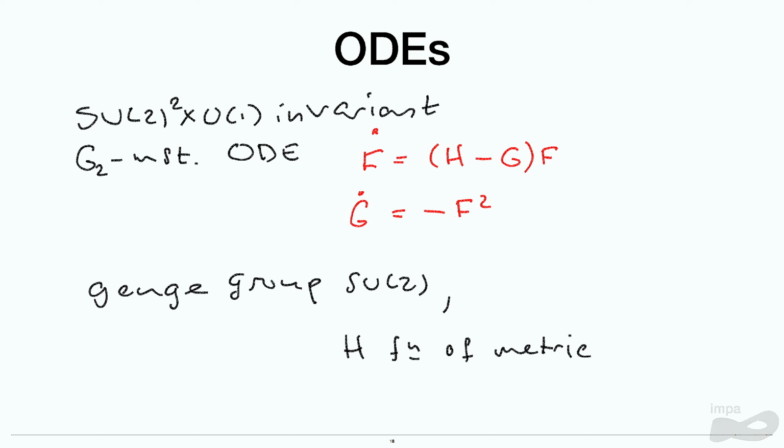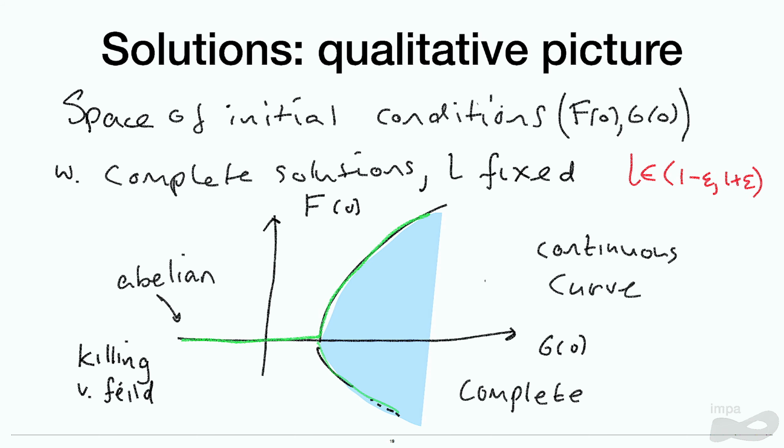And so Jason Lotay and Gonzalo Oliveira looked at this ODE when everything was explicit. So h was some explicit function of my variable. And in that case, you can say a lot more. But even then, you still don't get everything. You still have to do a little bit more work. So I'm going to describe the qualitative picture of what happens.